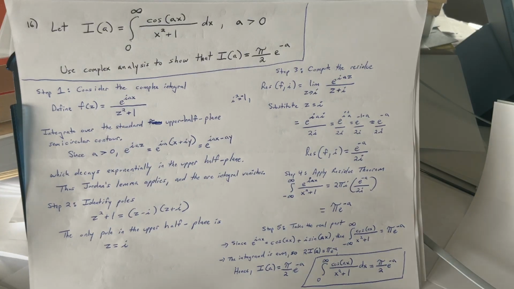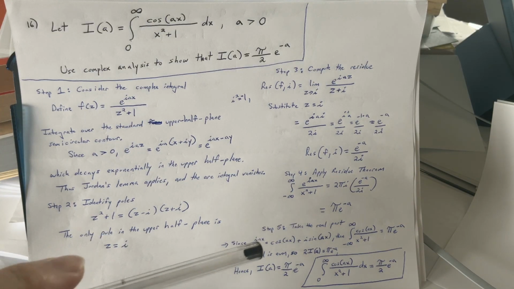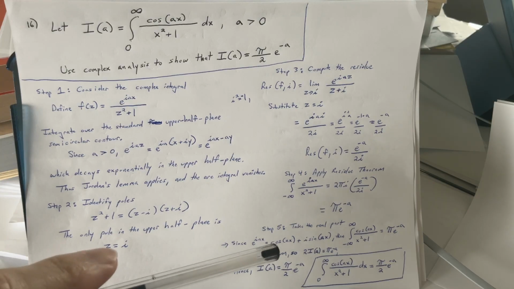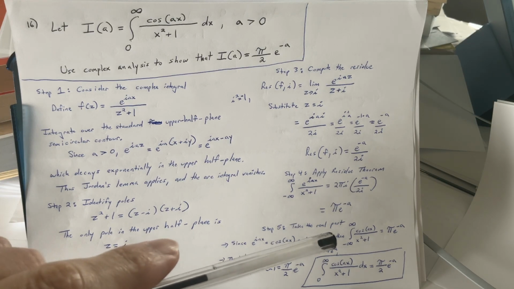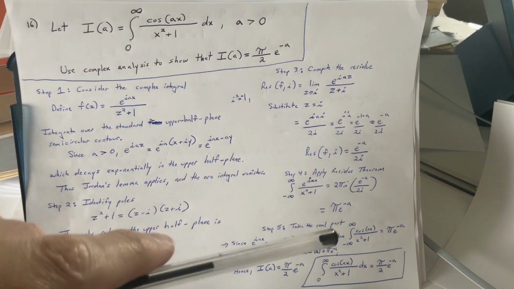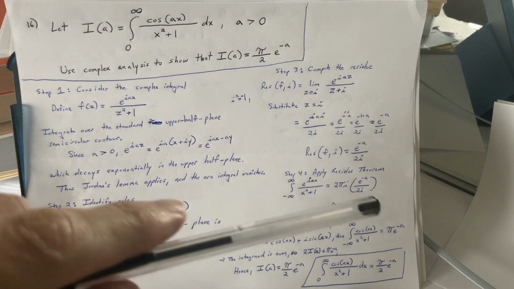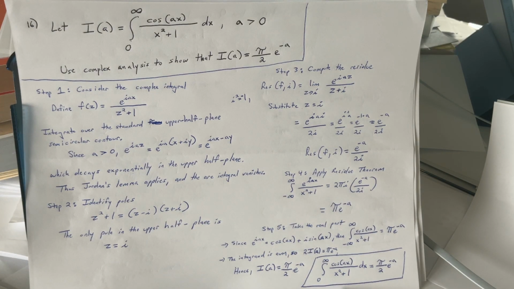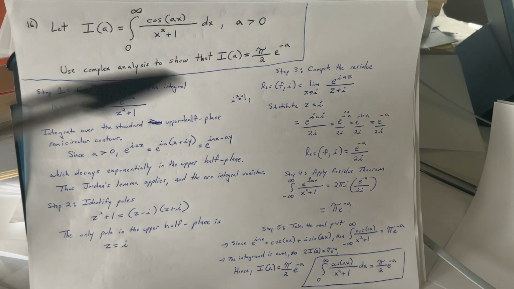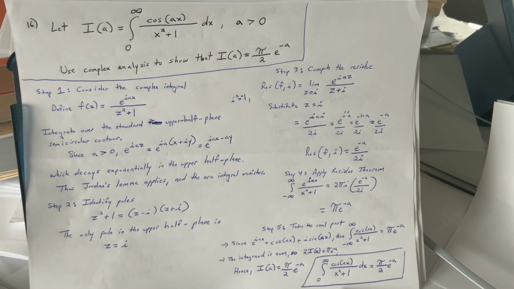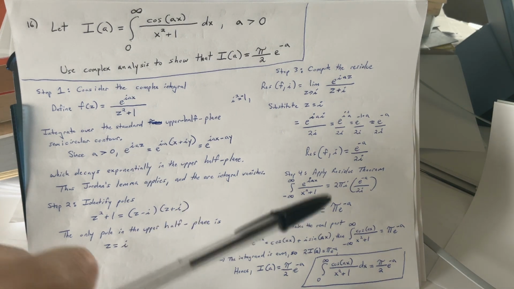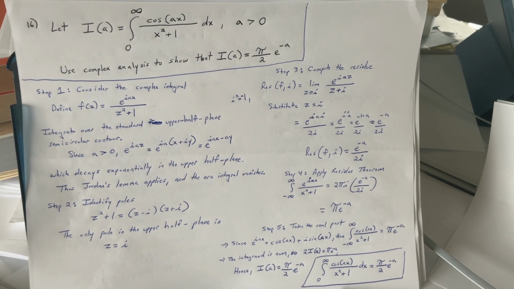Since e to the i a x equals cosine of ax plus i sine of ax, we can say that the integral from negative infinity to positive infinity of cosine of ax divided by the quantity x squared plus 1 is equal to pi e to the negative a, which we got from our residue theorem.